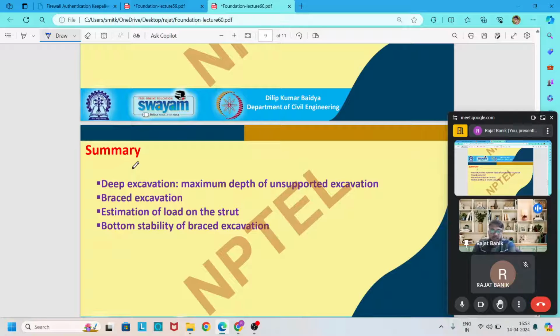We also study the bottom stability of the braced excavation, and find out the maximum unsupported depth of the excavation, which is related to the tension crack of the soil, or earth pressure for a c-phi soil in the active case. I will find out that the unsupported depth is 4c/(γ√Ka).